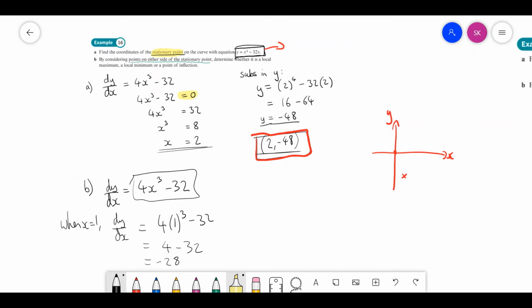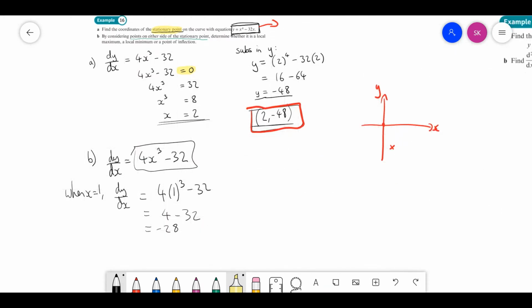So when x is 1, the gradient is negative 28. So the gradient is going down negatively at that point. Why did I choose when x is 1? It was because that is a point that is to the left of x equals 2. Remember, I'm considering points on either side of the stationary point.